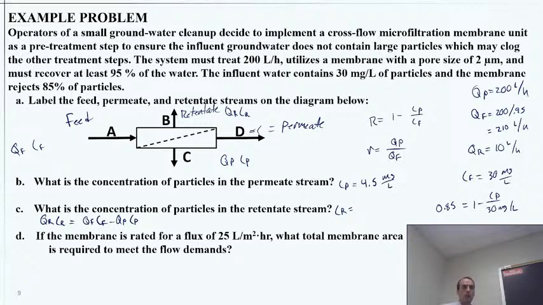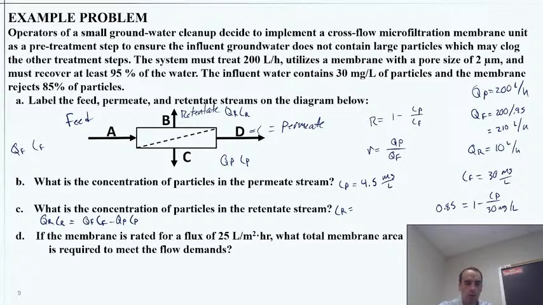For part C, we are asked what is the particle concentration in the retentate. So we can set up this mass balance here, QR CR. We can set equal to what's being rejected, which is what's in the feed minus what's leaving in the permeate. So I'm in the middle of that on my Excel sheet. CR equals QF CF minus QP CP.